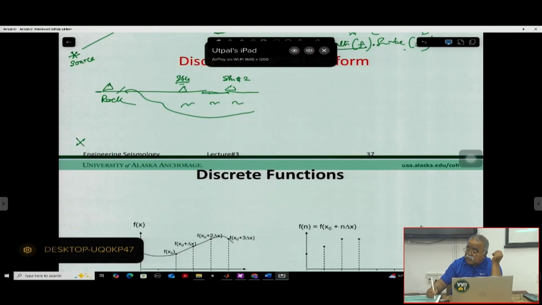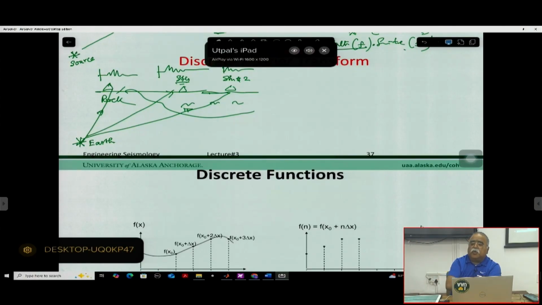Now let's say the earthquake happens here. So this is your earthquake or the source, right? It has gone and registered here, and here, and here. So all three sites have registered it, and then there is a time history, as you have seen last day.